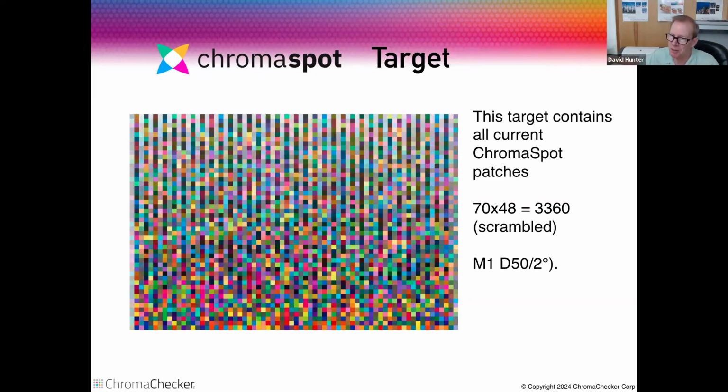I wouldn't necessarily try to do the ChromaSpot library on my HP because the within-sheet variation on the HP LaserJet that I have here is like 3 delta E. So I'm not sure I'd spend my time trying to tweak my ChromaSpot library on an HP laser printer that's very inaccurate. But on my Epson proofer, absolutely I would do it. So in this way, you take this library, you print it, you measure it in.